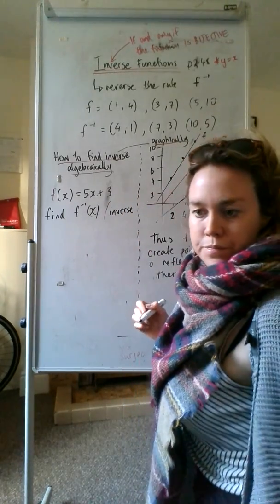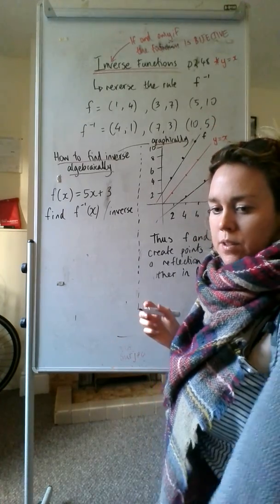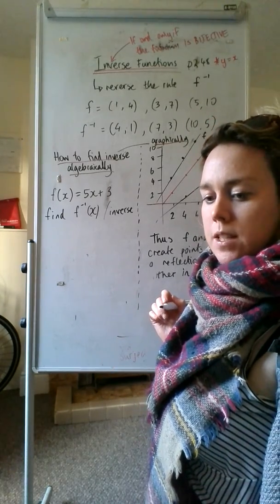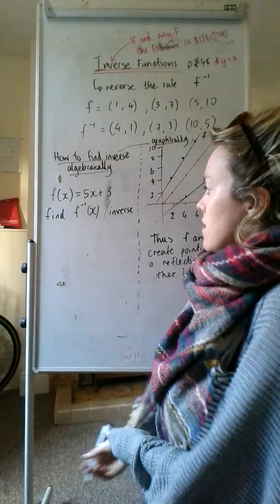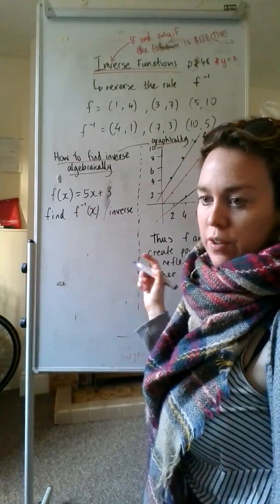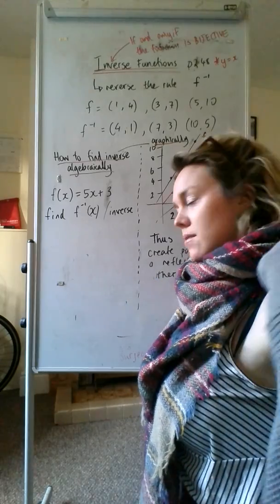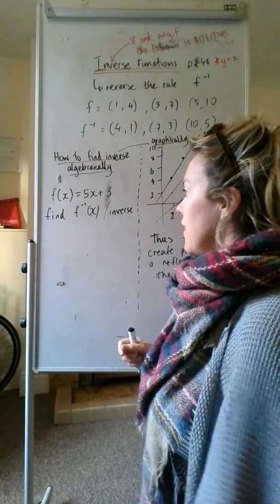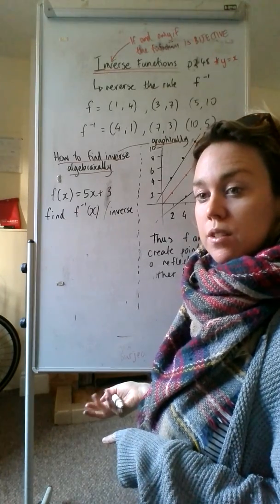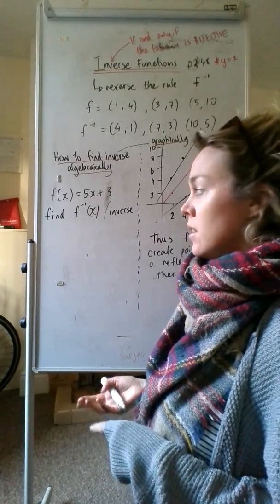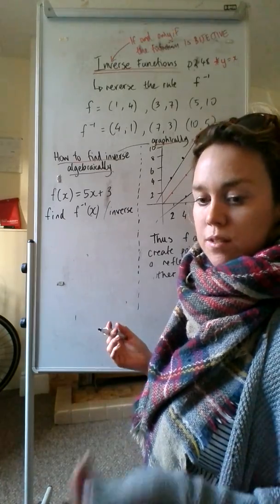Okay, so how I would do that then? Because you're reversing the procedure of this, so if this is times your input by 5, and then add 3, you're going to go backwards. You're going to be taking 3 away and dividing it by 5. So you're doing the opposite of it, okay?